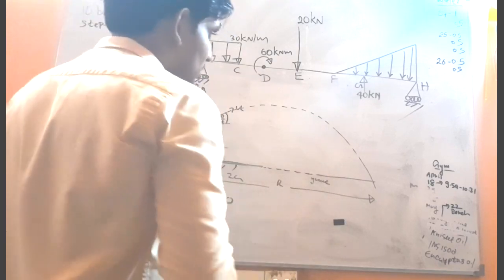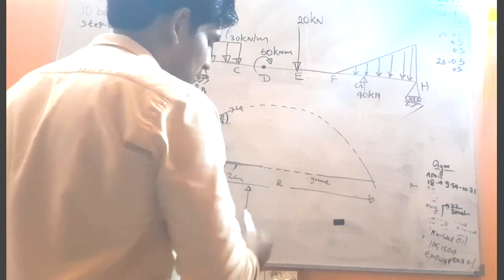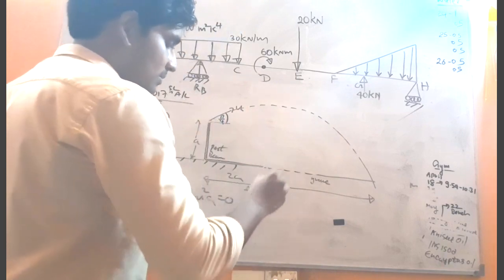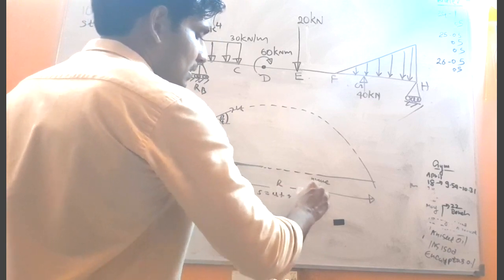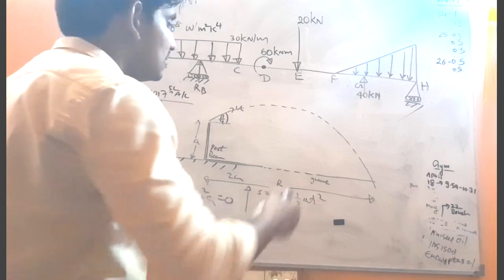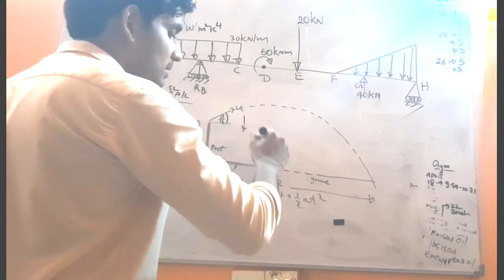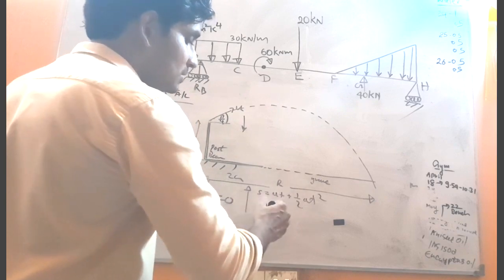Now let's write for vertical motion, along the upward direction. I will apply s equals ut plus half a t squared, but here a is the gravitational acceleration that acts along the downward direction. When applying this in the upward direction, the acceleration will be minus g.